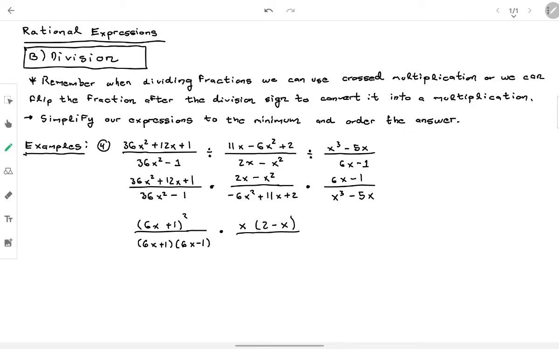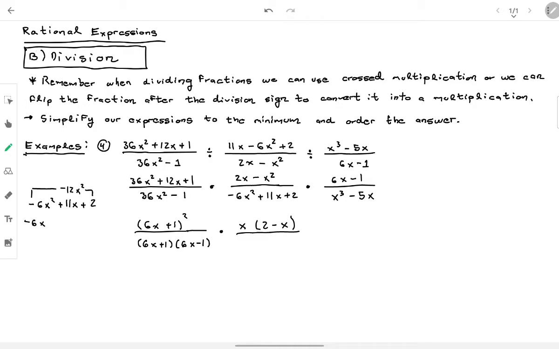On the bottom part, it's an ax squared plus bx plus c trinomial, so I need to factorize it. Minus 6x squared plus 11x plus 2. So we need two numbers that when multiplied give minus 12x squared, and when added give 11.